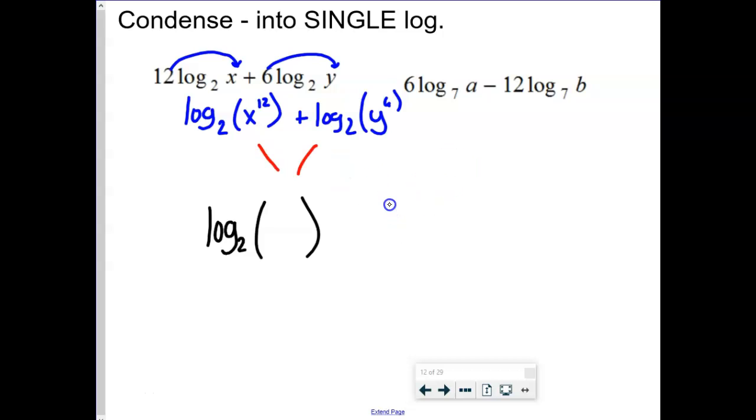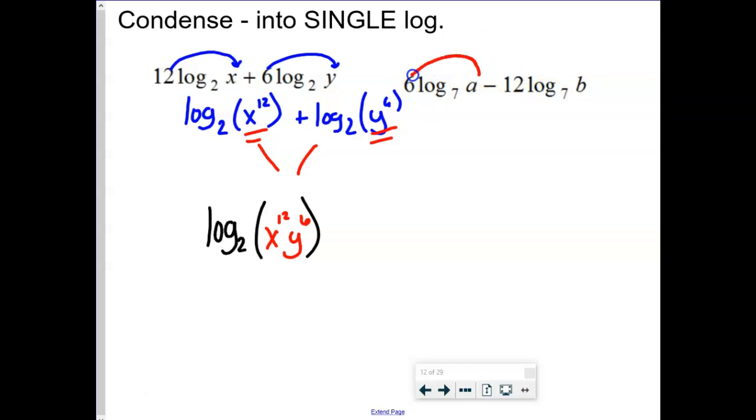So bringing them back together into one logarithm, if you're adding those logarithms together, you take your inside pieces and multiply them together. So this becomes x to the 12th times y to the 6th. And that's when I know I'm done. The logarithms are all back together. It's called condensing.